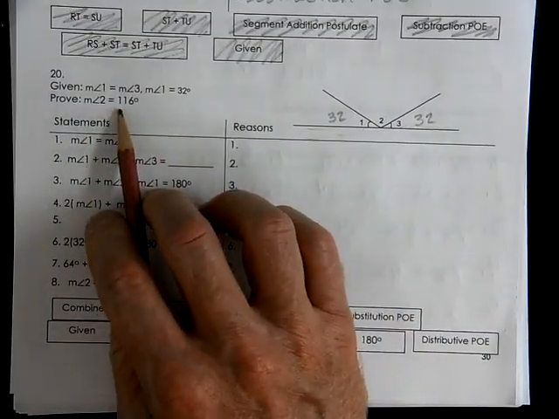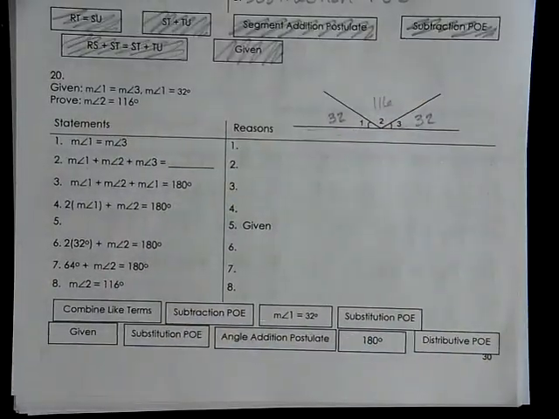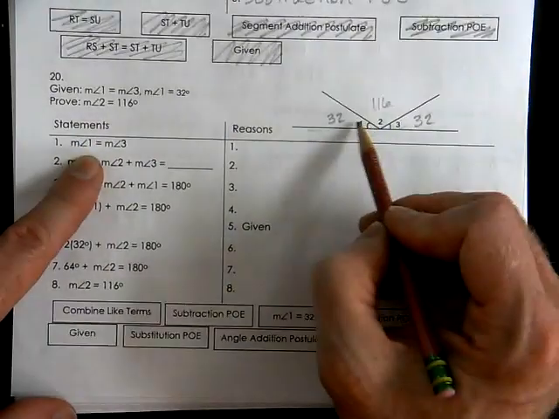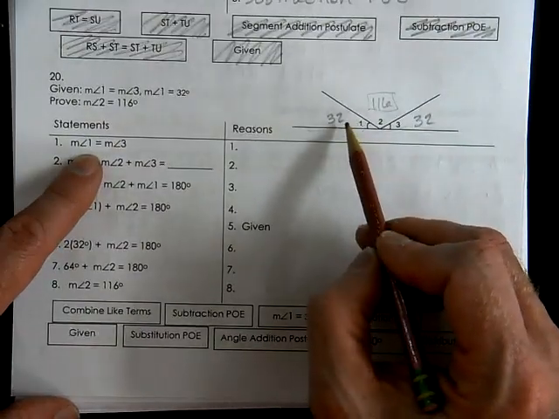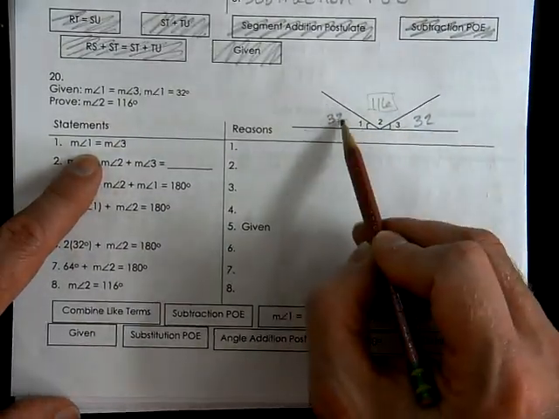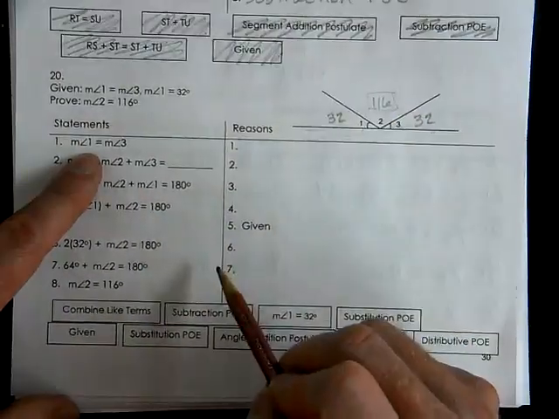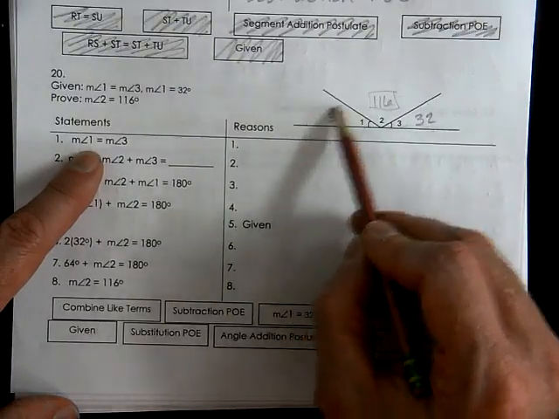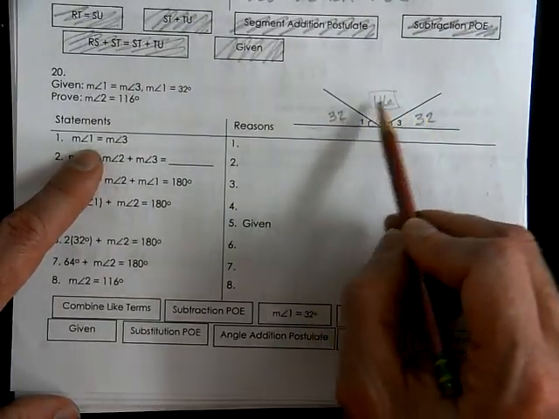We need to be able to show that angle 2 is 116 degrees. So if I want to figure out that this is 116 degrees, I need to take the 180 and get rid of this 64. That would give me 116.